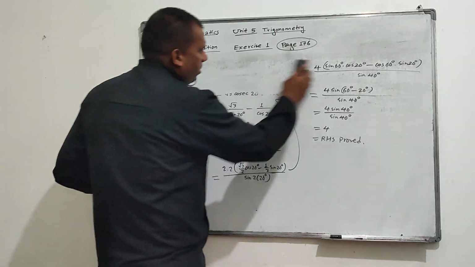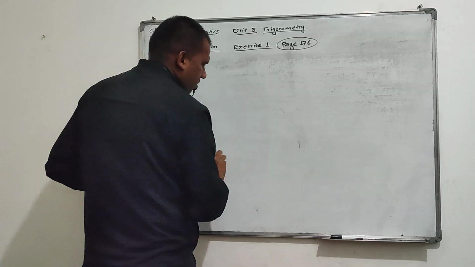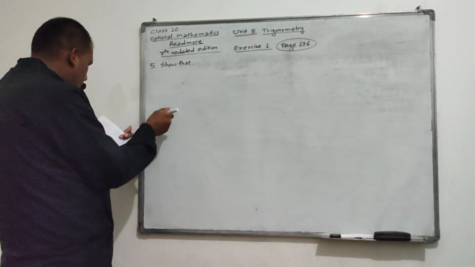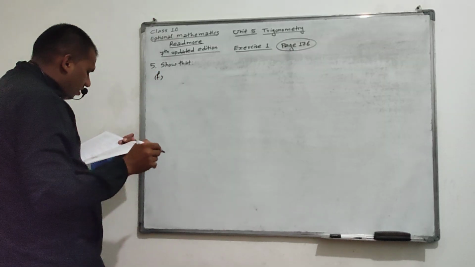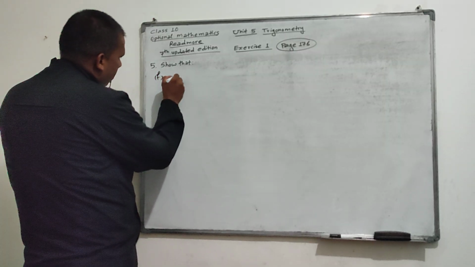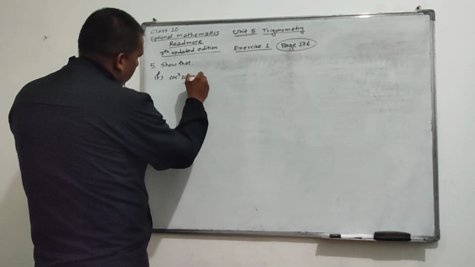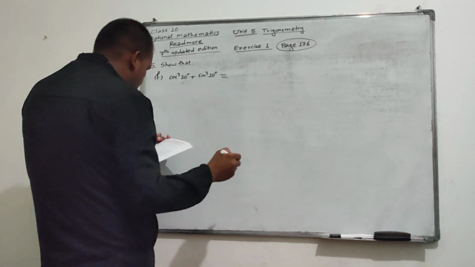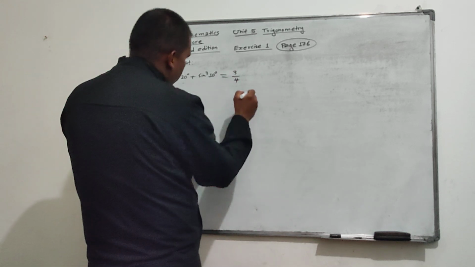Now next question. On F we have cos cube 20 plus sin cube 10 equal to 3 by 4 times cos 20 plus sin 10.